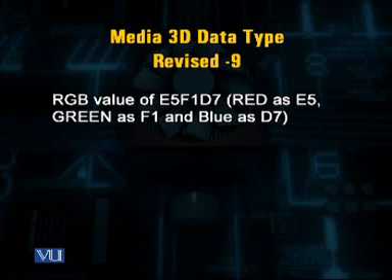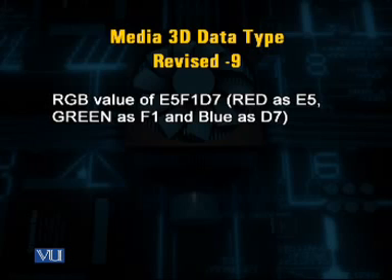Here the RGB value of E5, F1, D7 hexadecimal is representing the values of red, green, and blue.